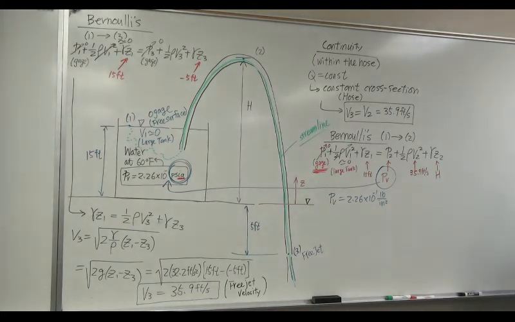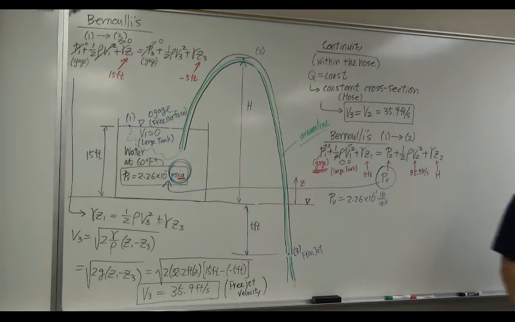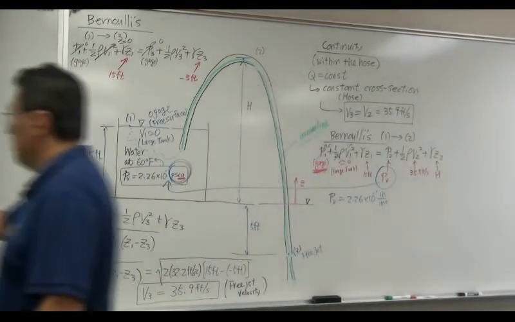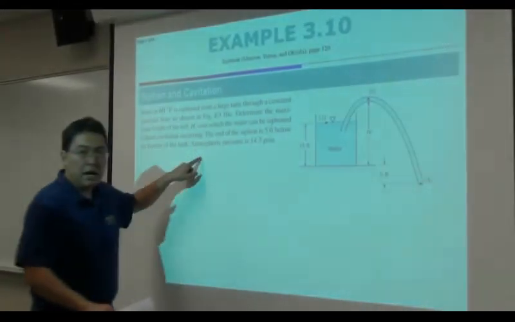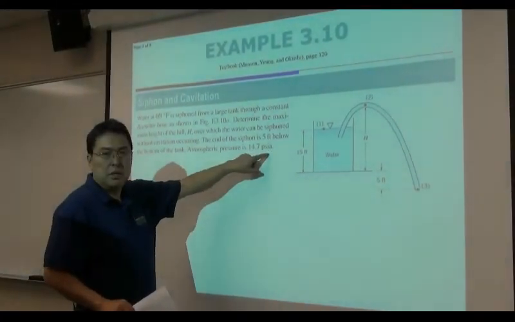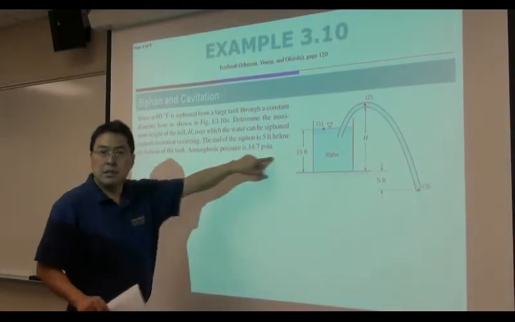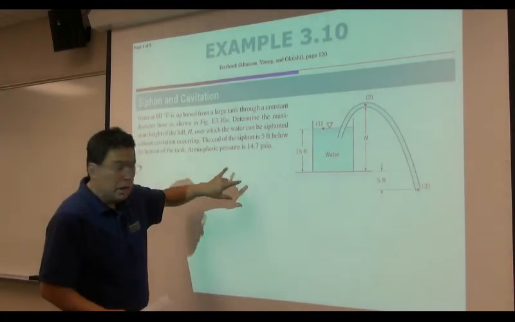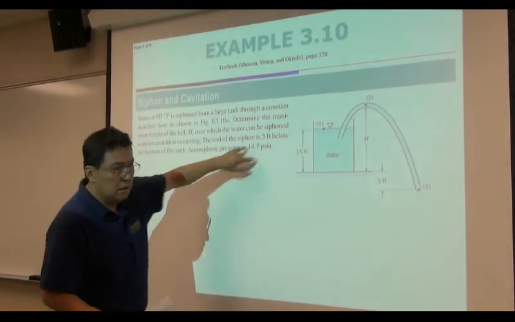What kind of information do we need? Well, we need information of the local atmosphere. So what is PATM then? I need that while it's given. That's why atmospheric pressure is 14.7 psi. This statement is necessary. Without this, you cannot finish this problem. That's why this statement is added. Okay?